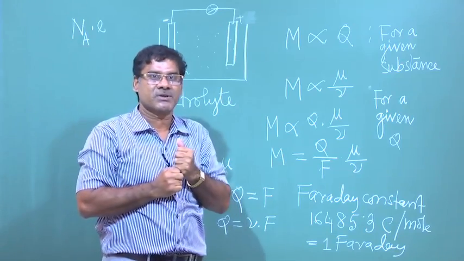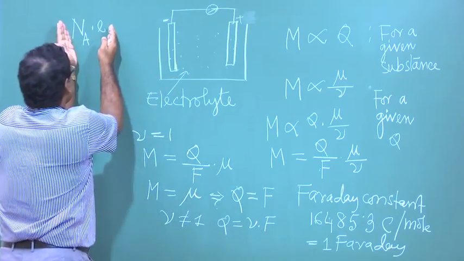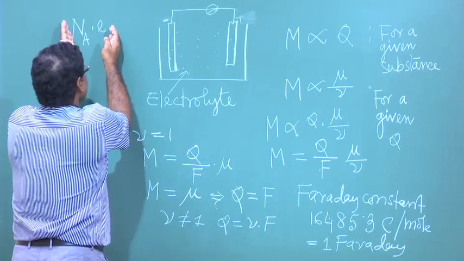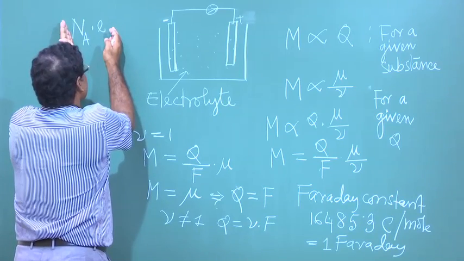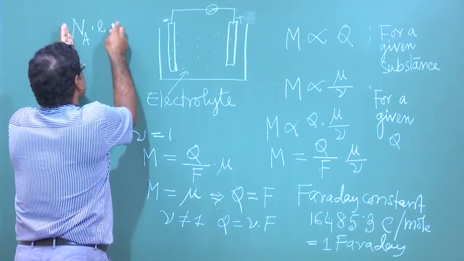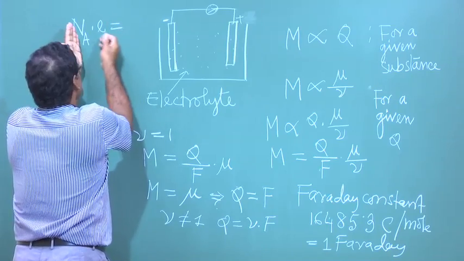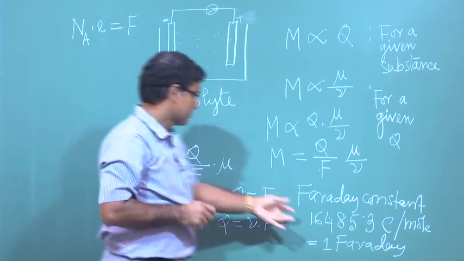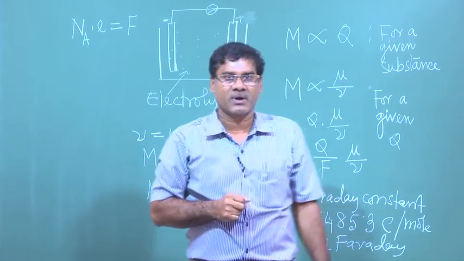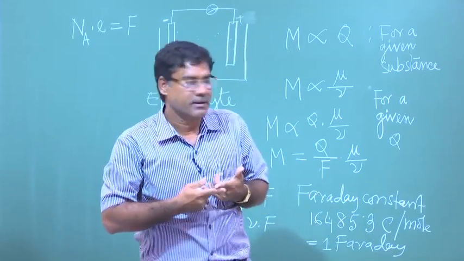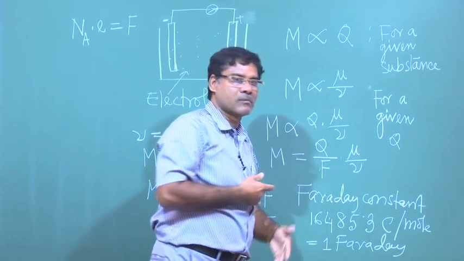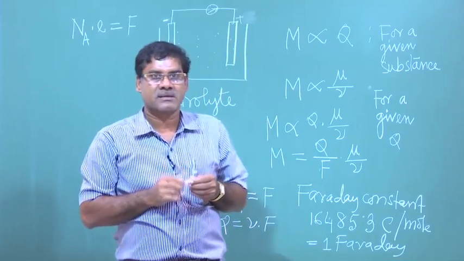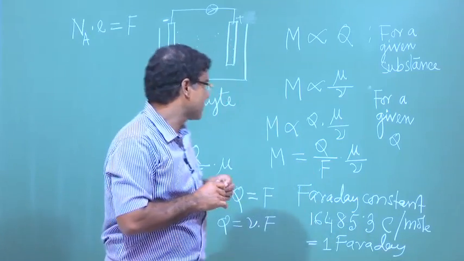So, for 1 gram mole the total charge should be equal to 1 Faraday, which is already known from Faraday's law of electrolysis.